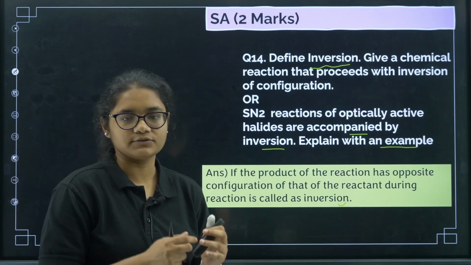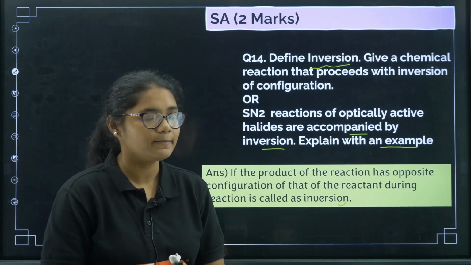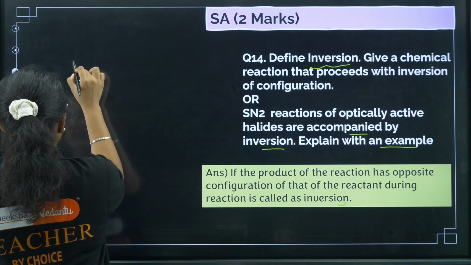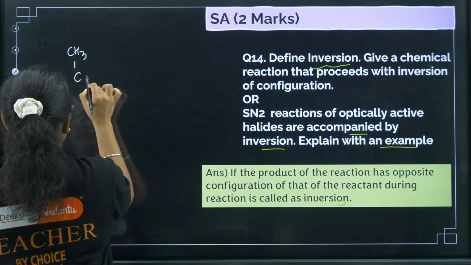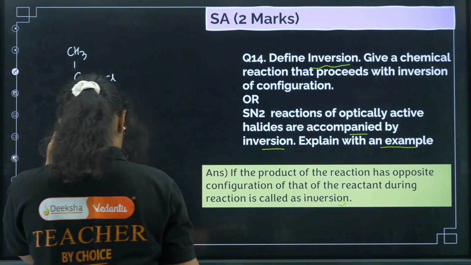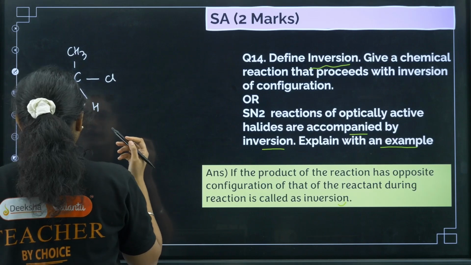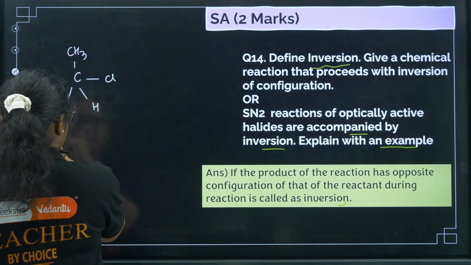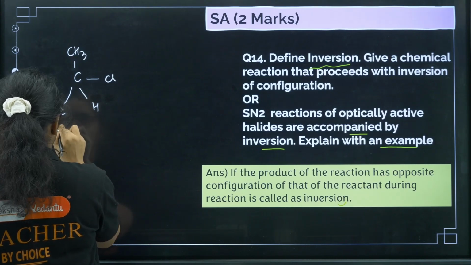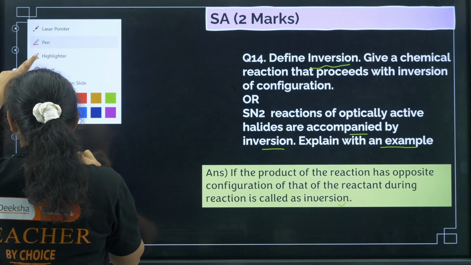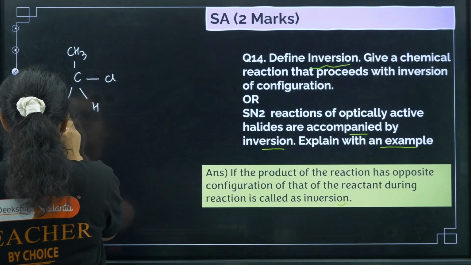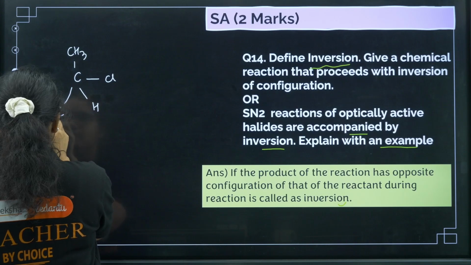Give a chemical reaction, so you can take any SN2 reactions. So for example, suppose I am reacting CH3 and here this side it is suppose chlorine, this side it is H, and suppose this side I take any other group, let it be NH, or let it be CH3. Okay, it should be optically active, right? One second, CH2, CH3.